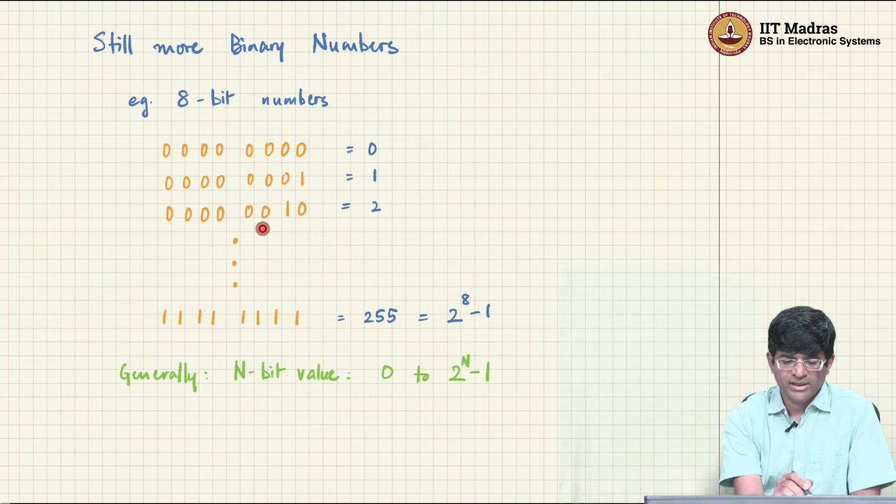If I have 0, 0, 0, 0, 0, 0, 1, 0, then this corresponds to the 2 power 1 place, right? And the total decimal value is 2. I go all the way down, this would be equal to 255. Right, you can work that out. You can basically see it is 128 plus 64 plus etc. Finally, I'll get 255. Okay.